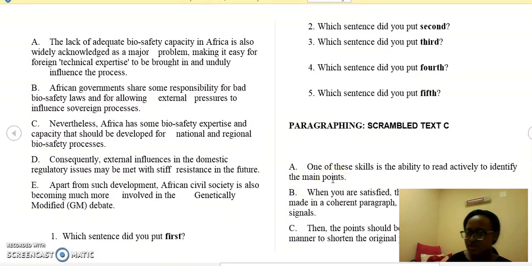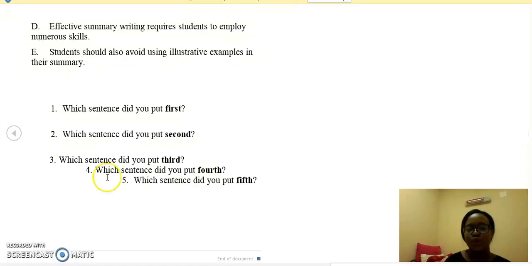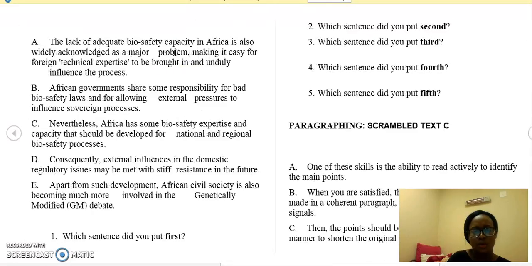And then C goes on to say, then the point should be paraphrased in a concise manner to shorten the original piece. Okay, then we go back and say, well, what piece? So students should also avoid using illustrative examples in their summary. Why? Okay, so when you are satisfied, the final presentation should be made in a coherent paragraph using appropriate transitional signals.